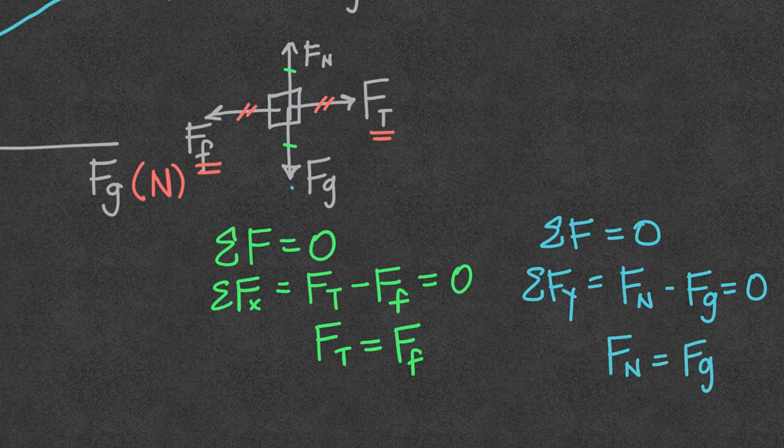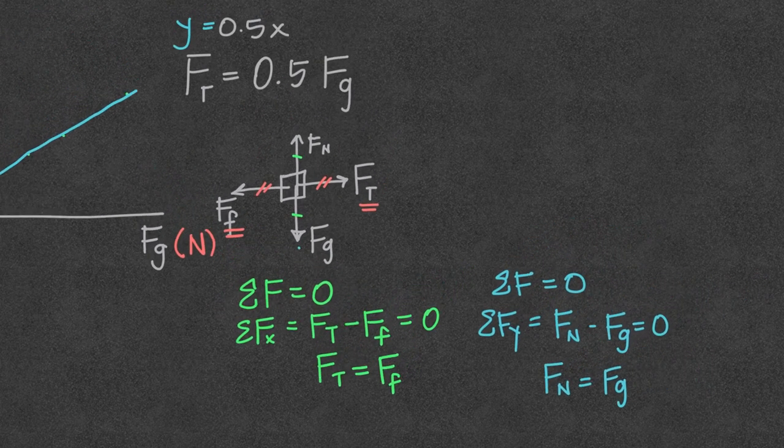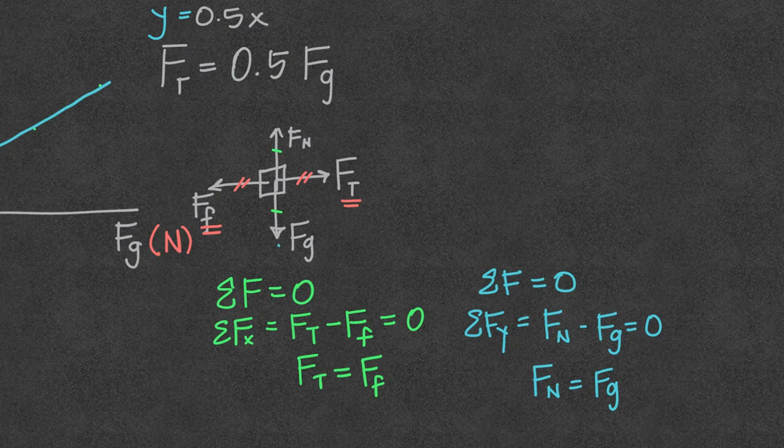So if I have this equation up here that says the tension force is equal to 0.5 times the weight, I could substitute in the friction force for my tension force and my normal force for the weight.